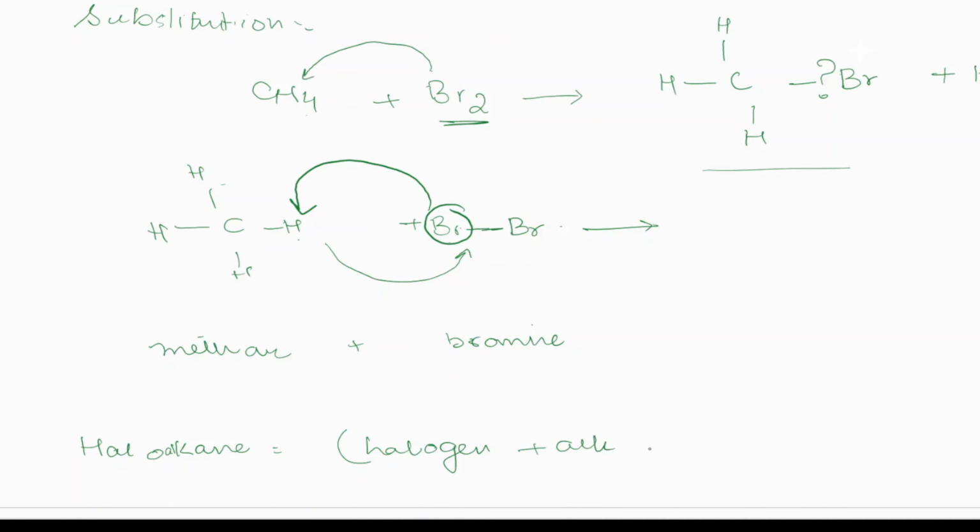Group 7 elements are known as halogens. So if a group 7 element is present, then how do we name it? We'll write the name of the halogen and then alkane. So for bromine, we would call it bromo.